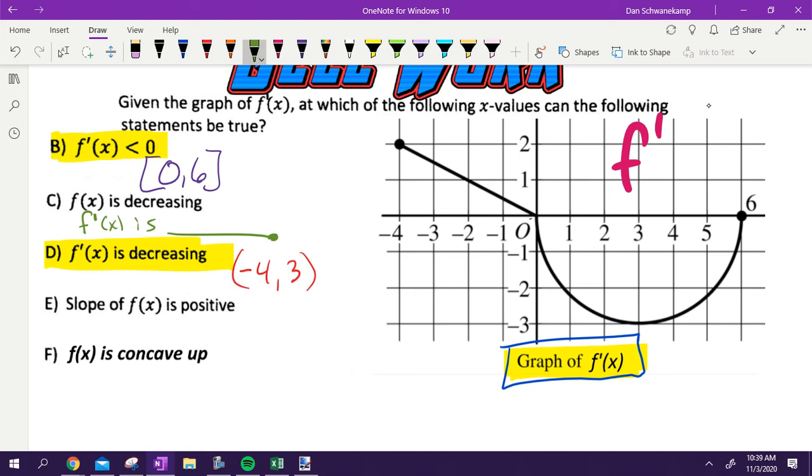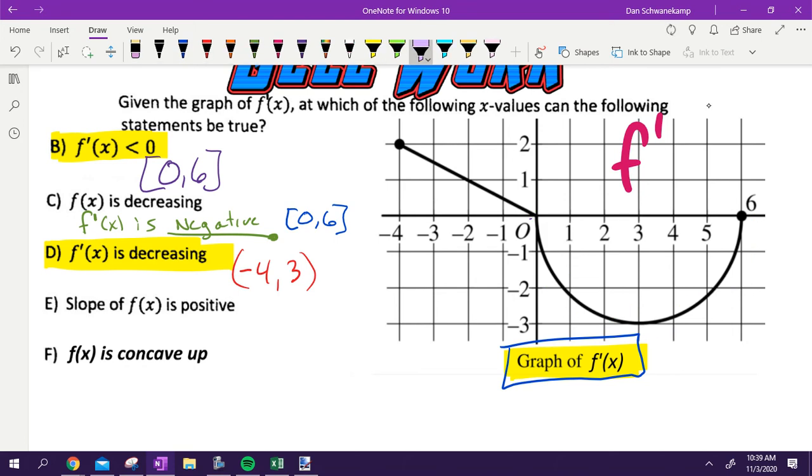So it means f prime is negative. Tell me now when I start being negative. Now, from right there, tell me when I stop being negative. Oh, it's the same thing as the last one. It's 0 to 6, because negative just means when I'm below the x-axis. So from 0 to 6. That is when f is going to be decreasing because f prime is negative.